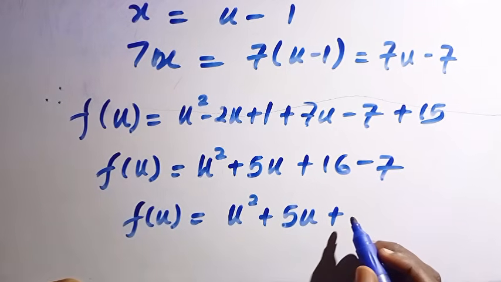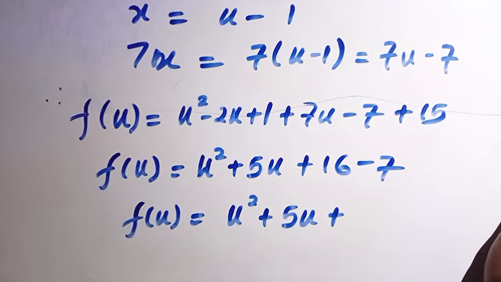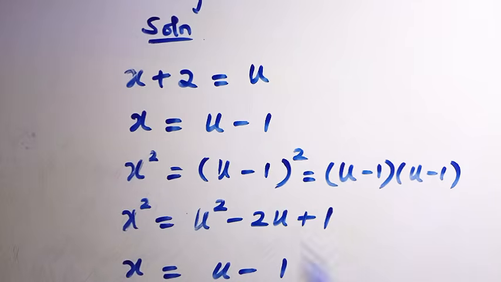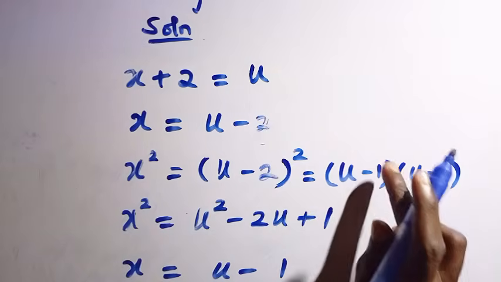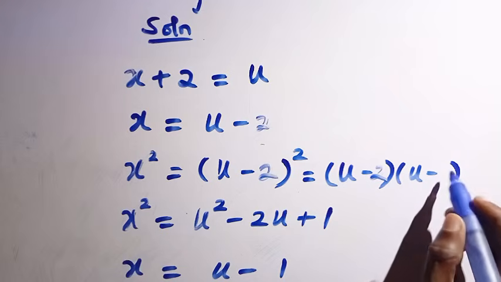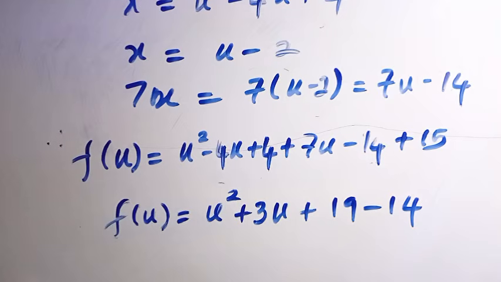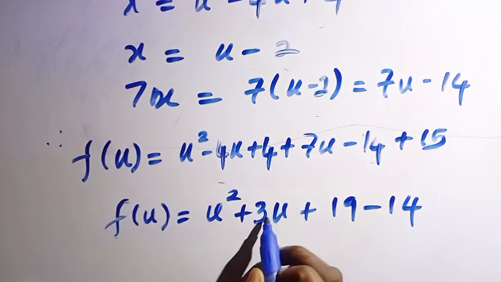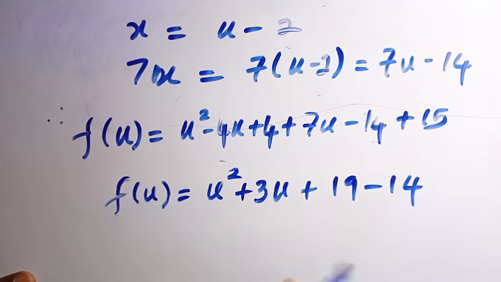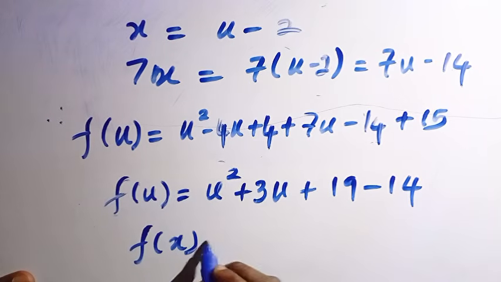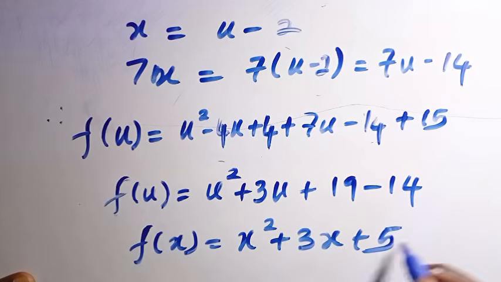Alright, there is a slight mistake here. This is going to be u minus 2, since x plus 2 equals u, so we effect everything to be u minus 2. We have f of u equals u squared plus 3u plus 19 minus 4, so we have f of x equals x squared plus 3x plus 5.